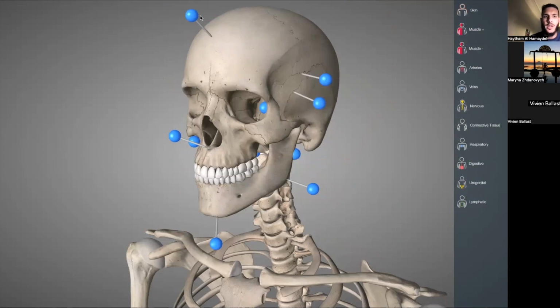8th point, number 8, is this part here. The pin is pointing at that. That's number 8. Okay. 5 more seconds.